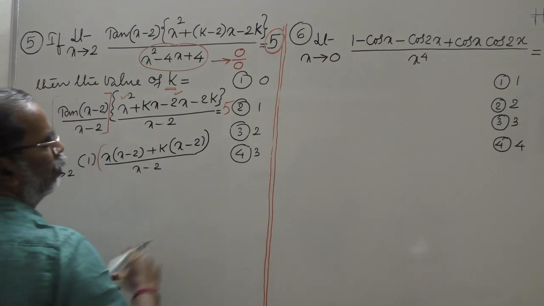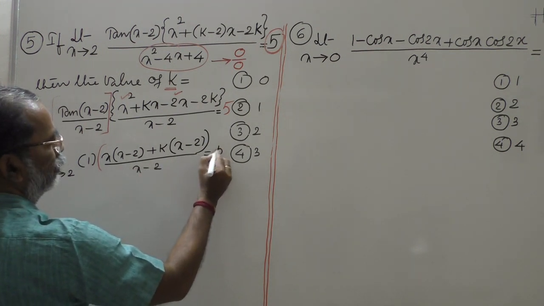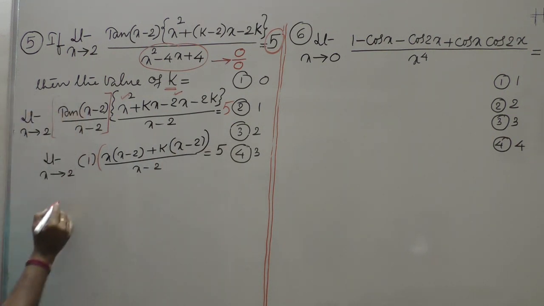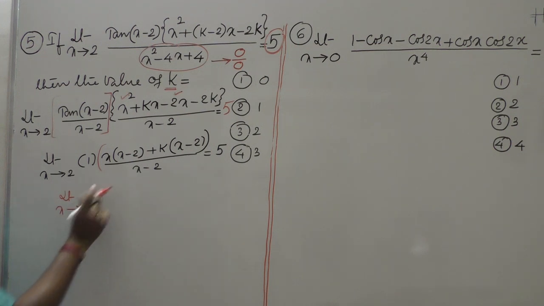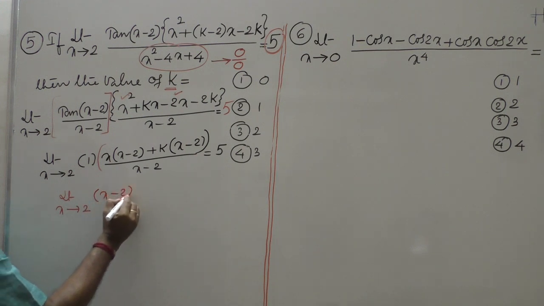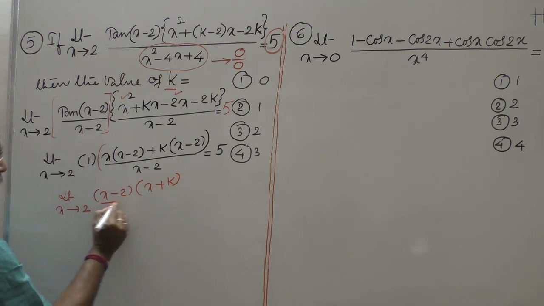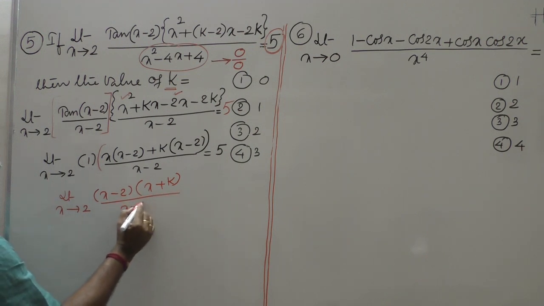This limit value is 5. Yes, now see. So limit x tends to 2, x minus 2, x minus 2. I can take x minus 2 common. Then I have x plus k divided by x minus 2.